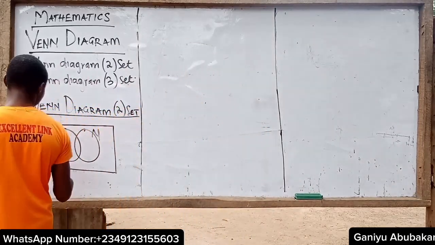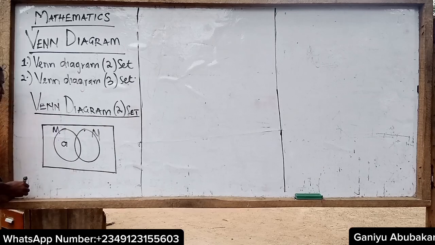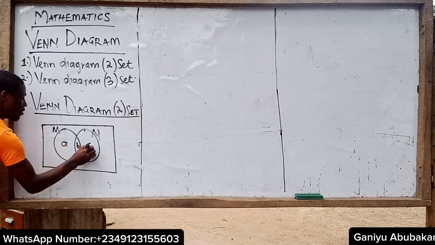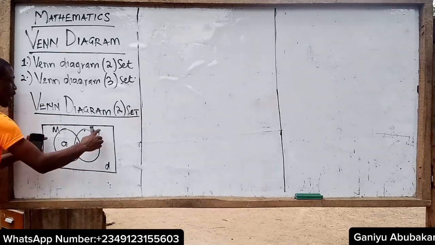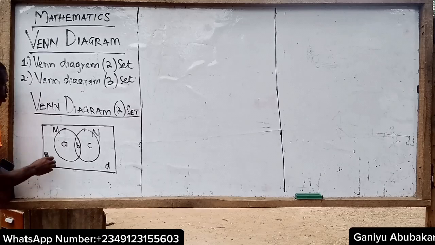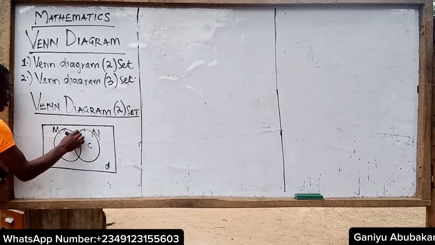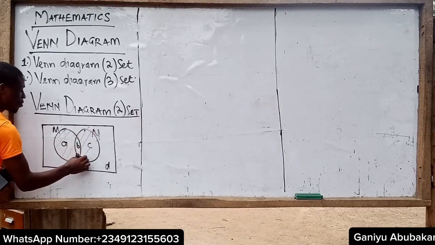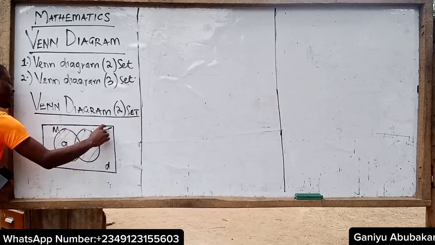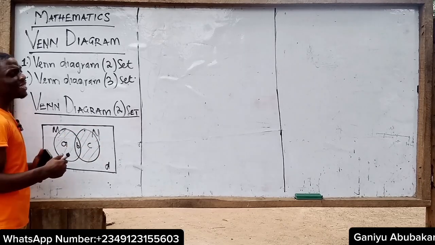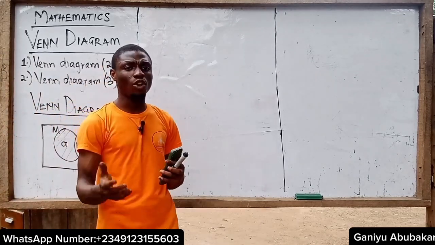Let's call them space A, space B, space C, and space D. This outer part is a space too. If I shade this part, the one I'm left with, the outer part, is D.